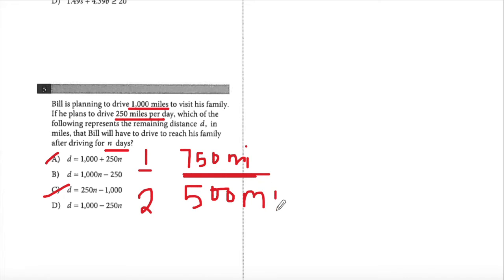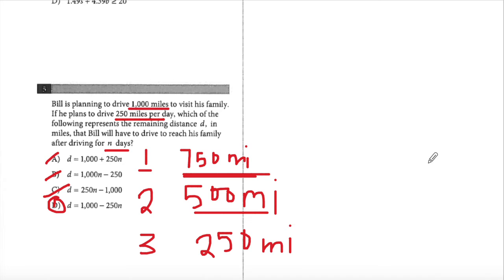After 2 days, he would have 500 miles left. So now let's plug in 2. When you plug in 2, this one doesn't equal 500, but this one does. So as you can see, D would work. After 1 day, it would be 750, after 2 days, 500 miles left, and after 3 days, it would be 250 miles left to drive.